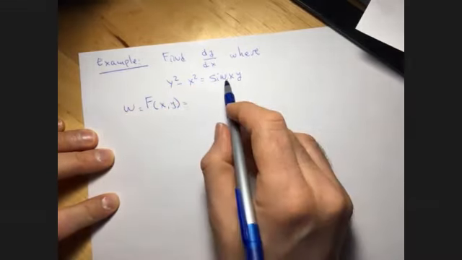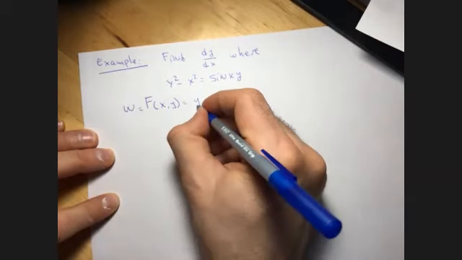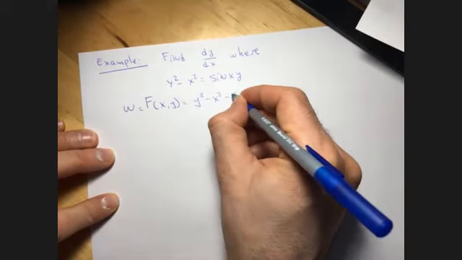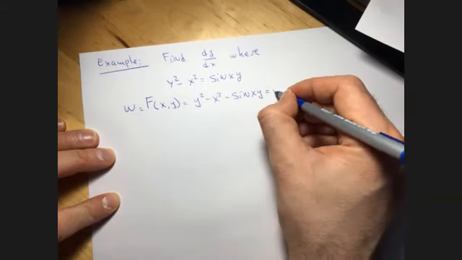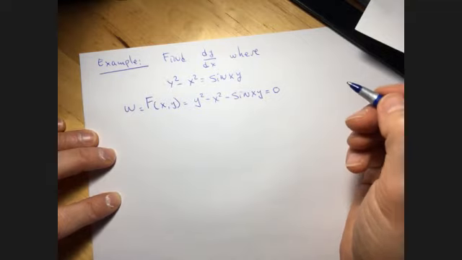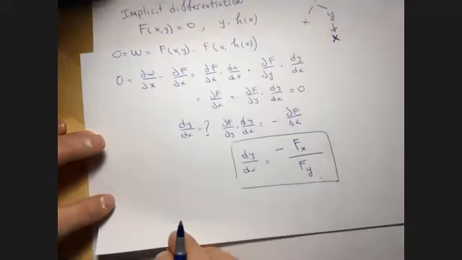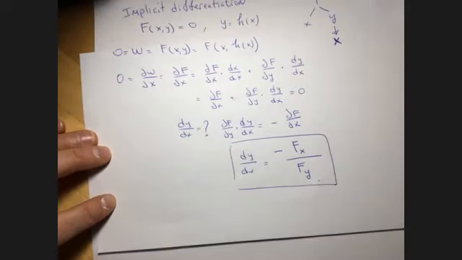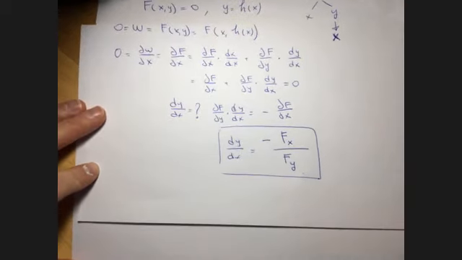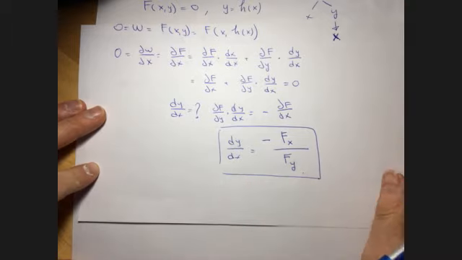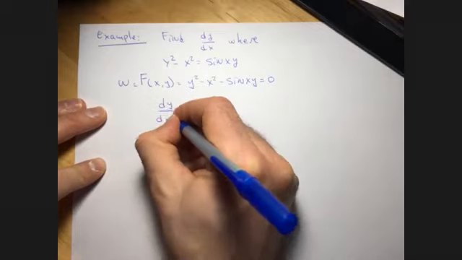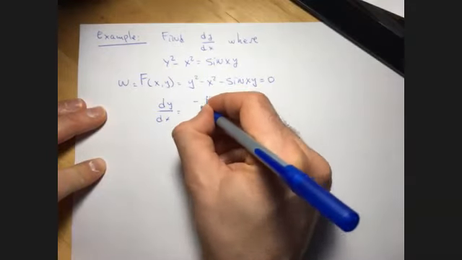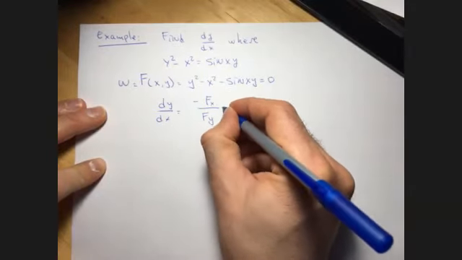And I'm going to do that by bringing everything on one side of the equation. Okay, and that's equal to 0. Okay, and then I just apply this formula right here. dy dx is negative partial f partial x over partial f partial y.